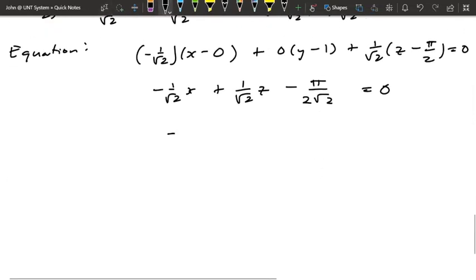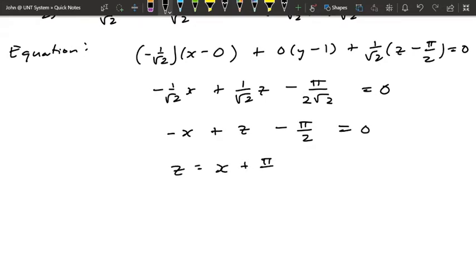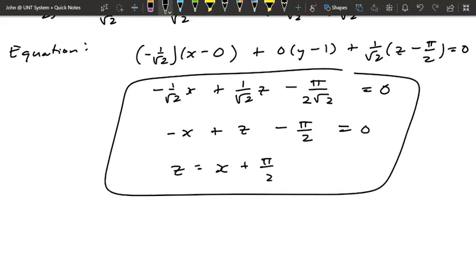You could also make it a little simpler, multiply by root 2. Or even solve for z. So any of these three equations is a good enough answer.